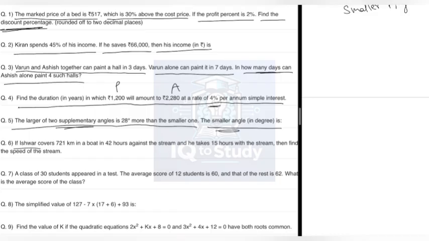If Ishwar covers 721 kilometers in a boat in 42 hours against the stream and he takes 15 hours with the stream, then find the speed of the stream.